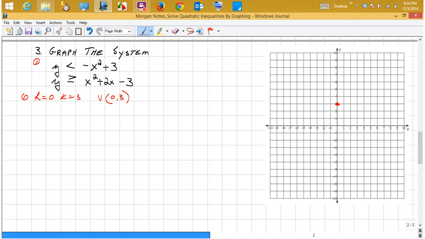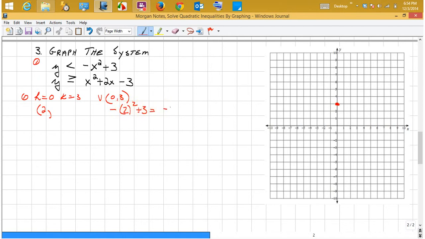And then I need to plot another point. So let's pick, say, x is equal to 2. If x is 2, I would get negative 2 squared plus 3.